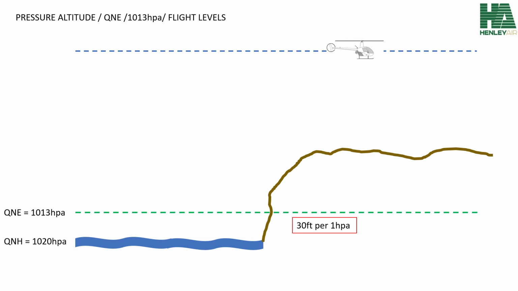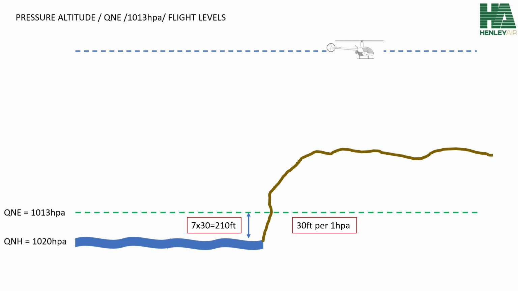The next very important thing to remember is that converting between altitude and pressure, we use 30 feet per 1 hectopascal. In this scenario, we have 7 hectopascal difference between the QNH and the QNE. Those 7 hectopascals times 30 feet per 1 hectopascal brings us to 210 feet.